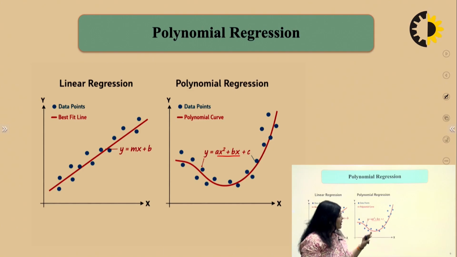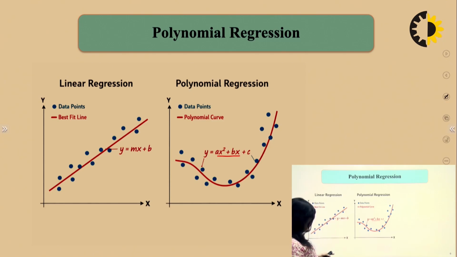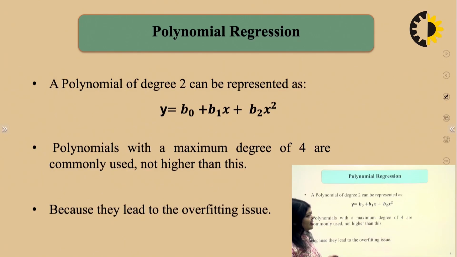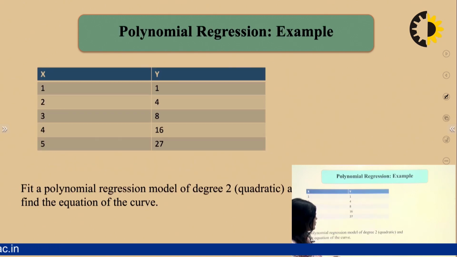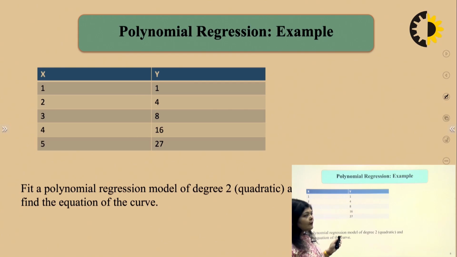The equation is y = ax^2 + bx + c. By changing the degree of the polynomial, we can change the shape and appearance of the curve. For example, if I want to create a polynomial regression model with a degree of 2, then we can easily do it for a given data set.